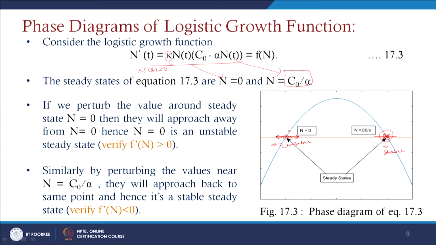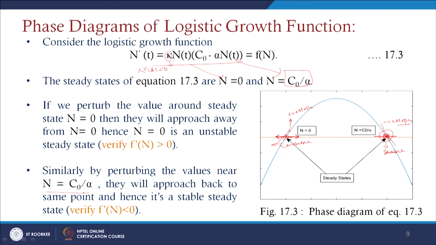If we put the slopes here, this represents a positive slope and this represents a negative slope. From the last slide, we concluded that when the slope is negative, the point is stable, and when the slope is positive, we have an unstable point.